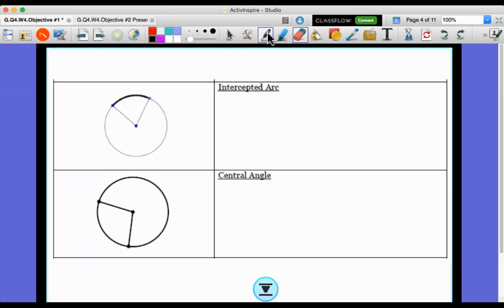An intercepted arc. So this is always a little bit hard to define. So an arc is a portion of the circumference. Right, so the intercepted arc is the part that's cut off by an angle, or by chords or by segments.